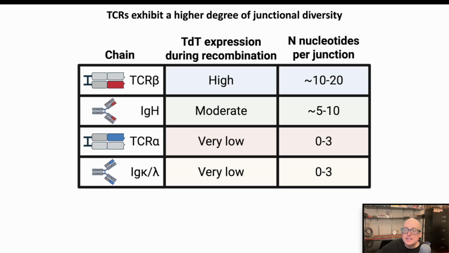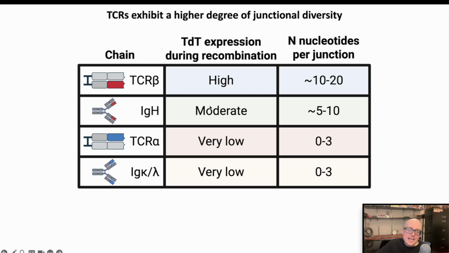Now, in comparison, the TdT expression during the recombination of the heavy chain, which again is analogous to the TCR beta chain, is high, but relatively moderate compared to the expression during TCR beta recombination.